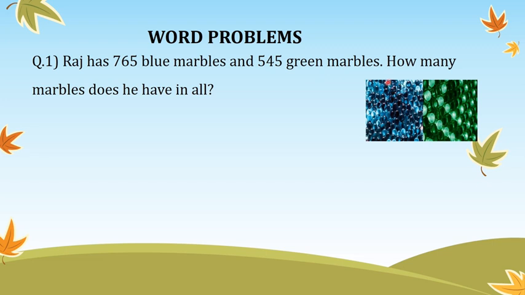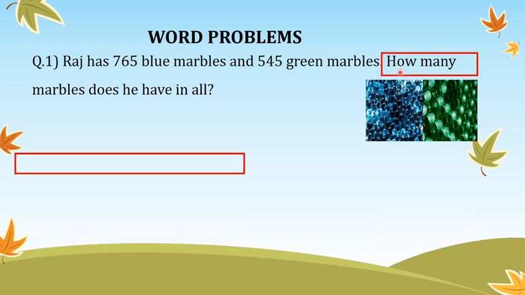So now here, how many marbles does he have in all? On the second round of reading, we got to know that the question is here, how many marbles does he have in all? So let's box the question.